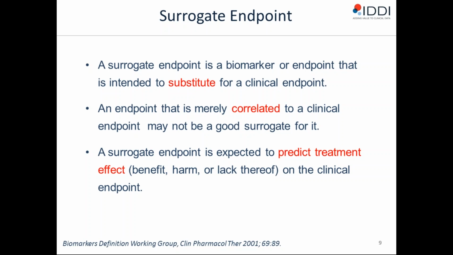Now, a surrogate endpoint is expected to predict the treatment effect on the clinical endpoint, and of course this may be benefit, harm, or neither. So a surrogate endpoint has to predict the treatment effect on the final endpoint. In this case, response should be able to predict the treatment effect on survival.